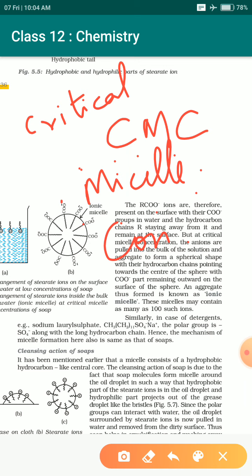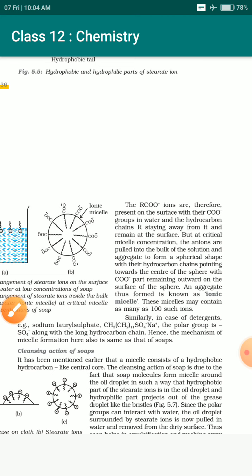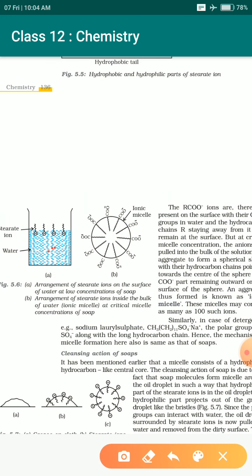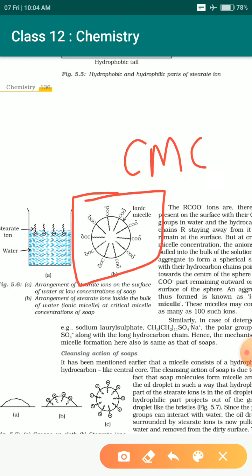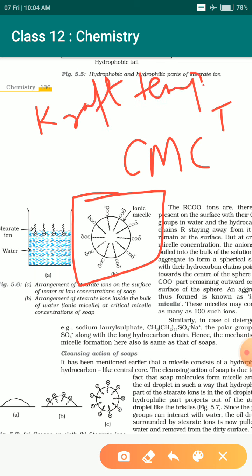So above the critical micelle concentration, what happens is that this solution tries to form an aggregate. It will combine together in this way, and it will form only above the CMC, the critical micelle concentration, and at the Kraft temperature, Tk.